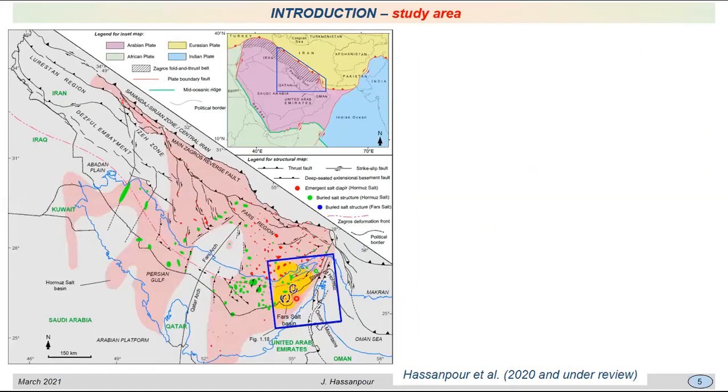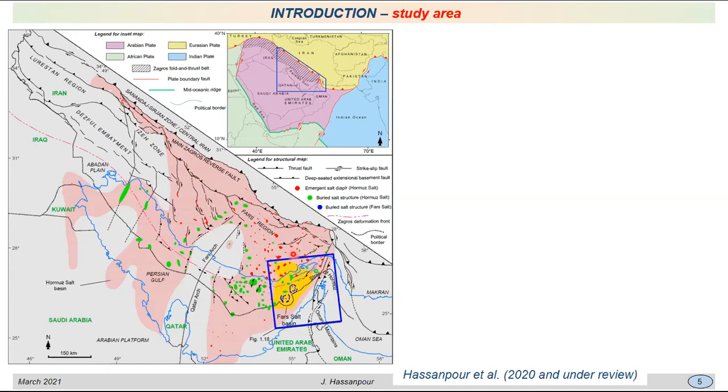This is a general structural map of the Zagros and Persian Gulf, showing the distribution of the salt structures, salt basins, and major fault systems. This pink polygon, which is quite regional, is the boundary of the Hormuz Salt Basin in southern Iran and Arabian countries to the south of the Persian Gulf. And this small yellow polygon is the boundary of the Fars Salt Basin, which is quite small.